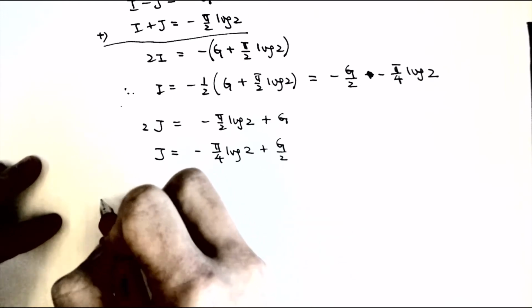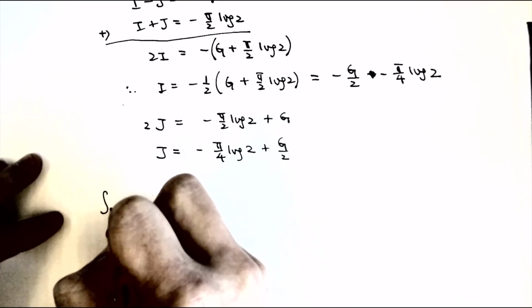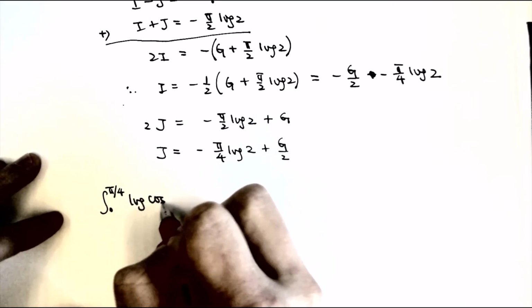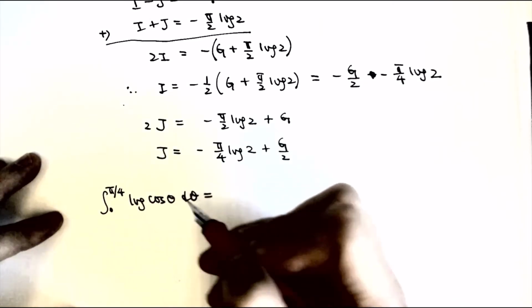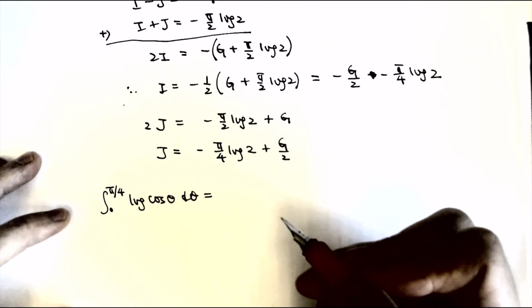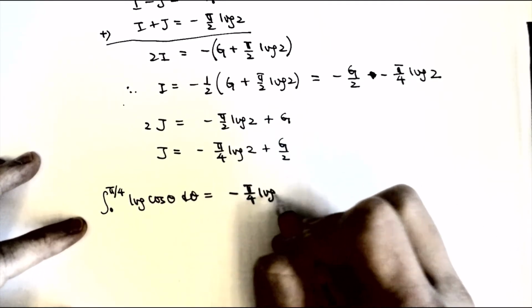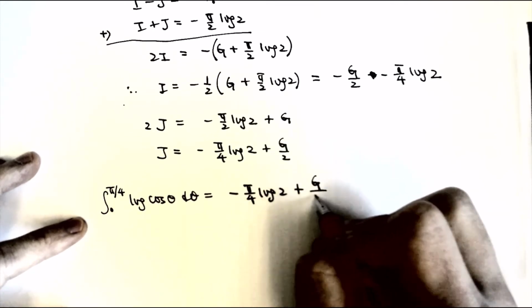To summarize, the integral from 0 to pi over 4 of log of cosine theta d theta, which is J, is minus pi over 4 log 2 plus G over 2.